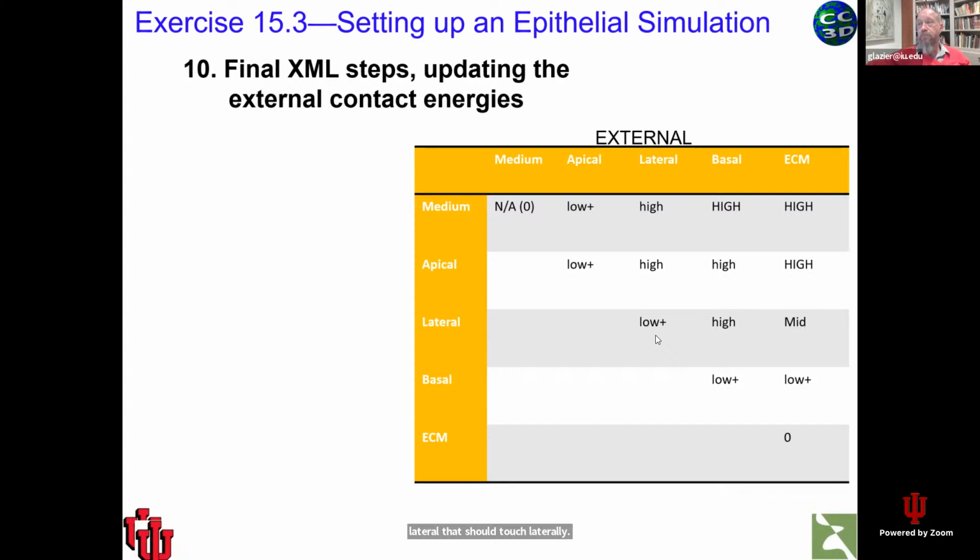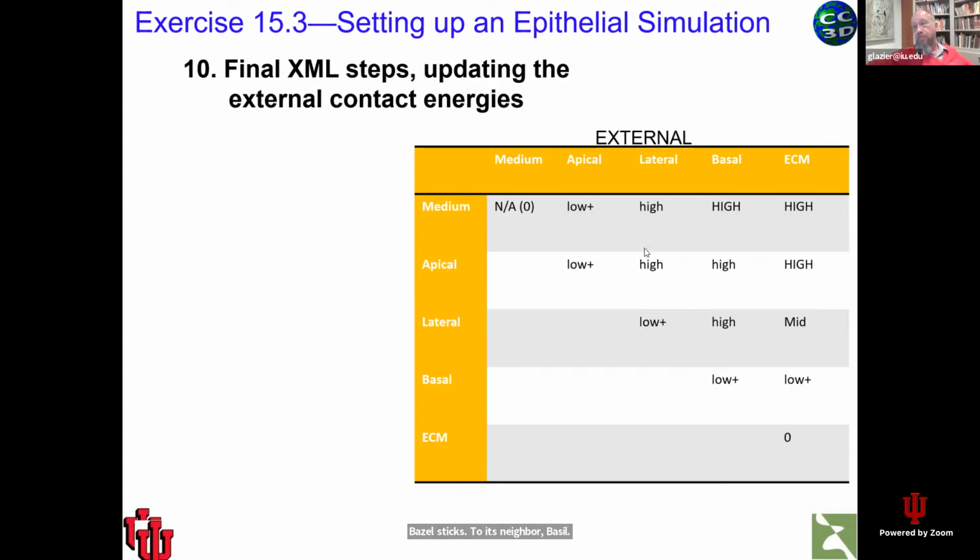Lateral sticks to the other lateral cells. It sticks on the side through junctions and adhesion. It doesn't stick well to basal on the other cells, and it doesn't stick very well to ECM either. Basal sticks to its neighboring basal compartments and to ECM.